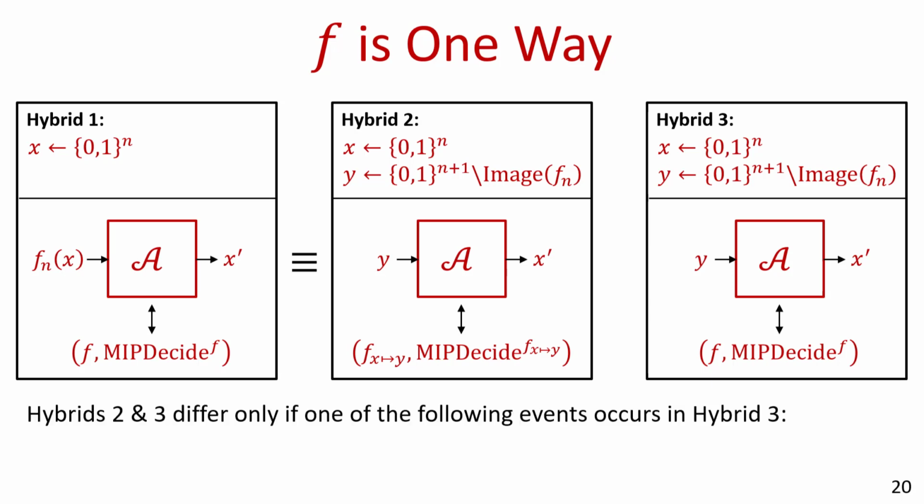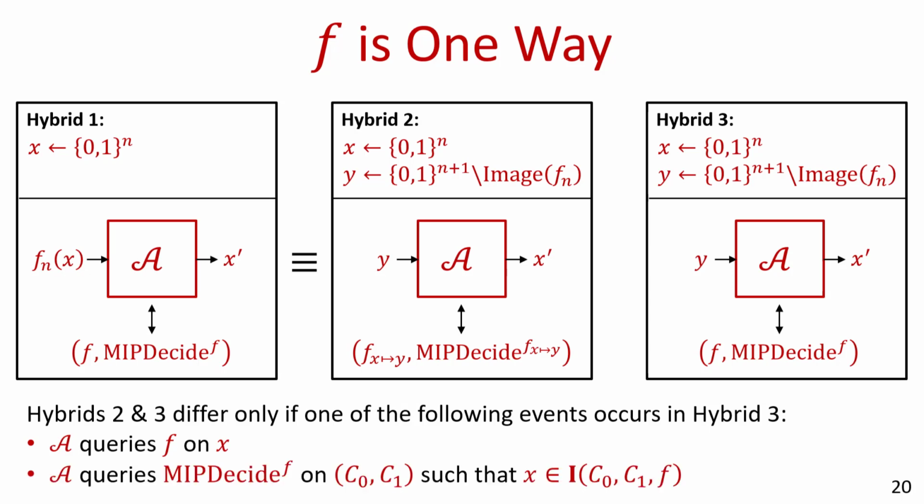Note that the adversary's view in the third hybrid differs from its view in the second hybrid only if one of the following events occurs in the third hybrid. Either A queries f on x, so this query is answered differently, but since the view of A is independent of x in this hybrid, this event occurs only with a negligible probability. The other option is that a query to MIP_decide was answered differently.